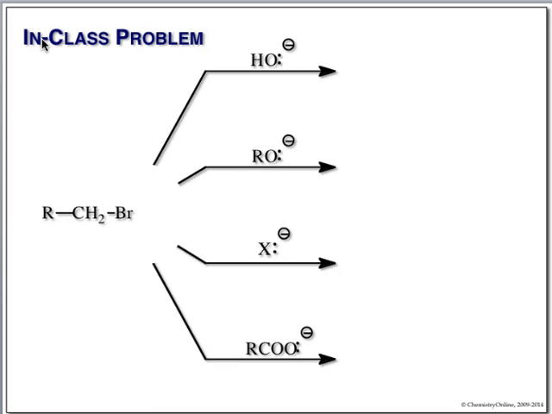This is a generic alkyl halide. This is shown as a primary. And when we're dealing with SN2 reactions, we really want to focus on primary and sometimes secondary products. Go ahead and very quickly just write down the products of these very generic reactions.